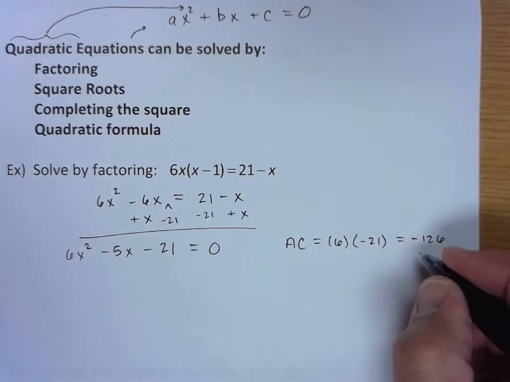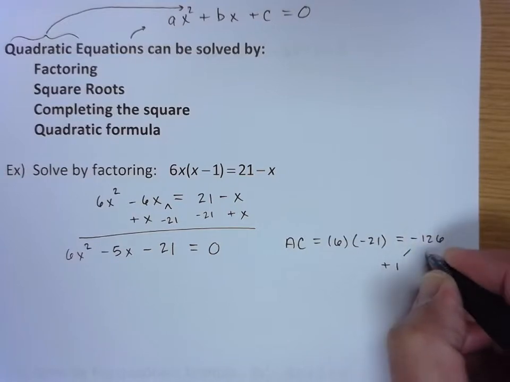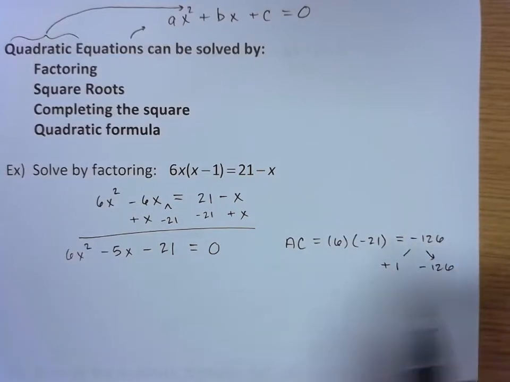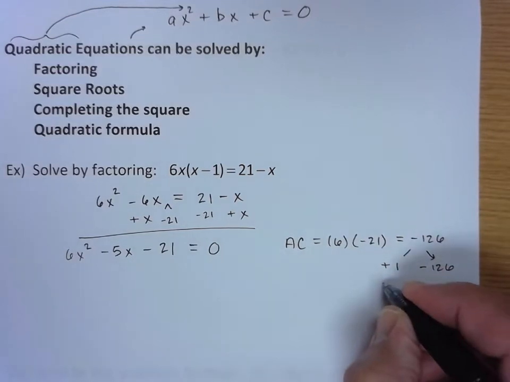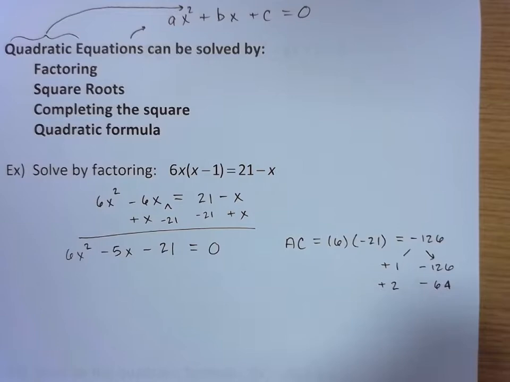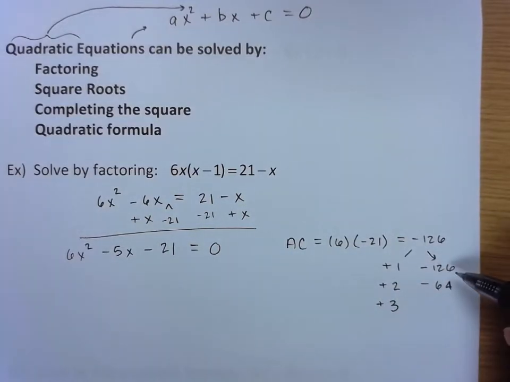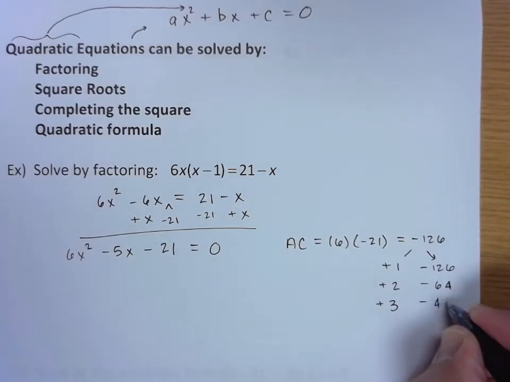So let's see. There's going to be several probably. Positive 1 and negative 126. Those don't add up to negative 5. You've got positive 2 and negative 63. Let's see, will 3 work? Yeah, 3 goes into it. Positive 3, and 3 goes into there 42 times, so negative 42.